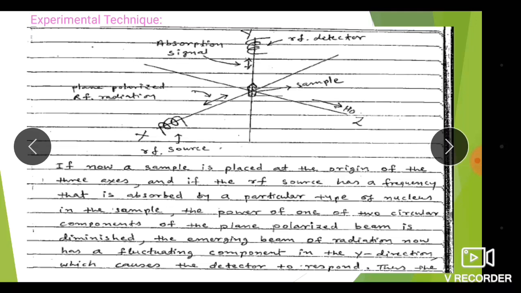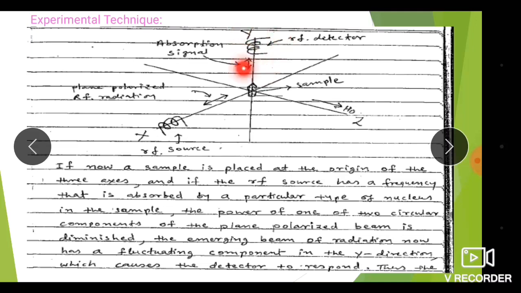So there is no signal generated from the plane polarized RF radiation alone. Now if a sample is placed at the origin of the three axes, and the RF source has a frequency that is absorbed by the particular type of nucleus in the sample, the power of one of the two circular components of the plane polarized beam is diminished, and the emerging beam of radiation now has a fluctuating component in the y direction.